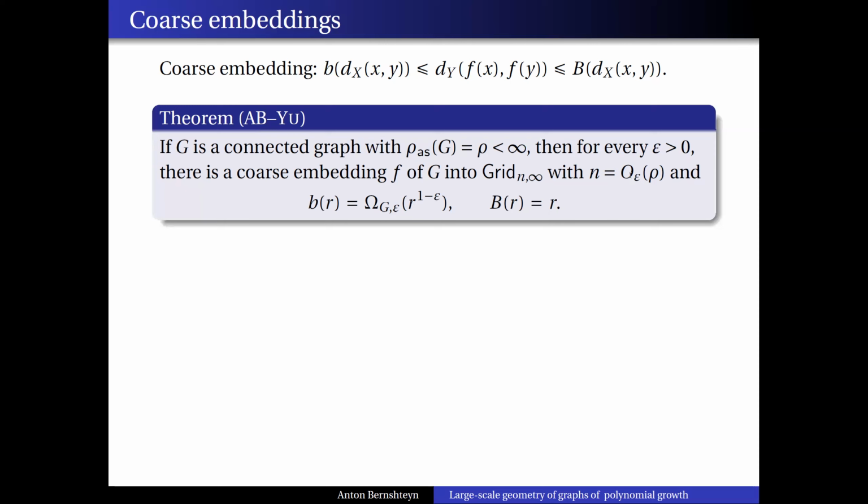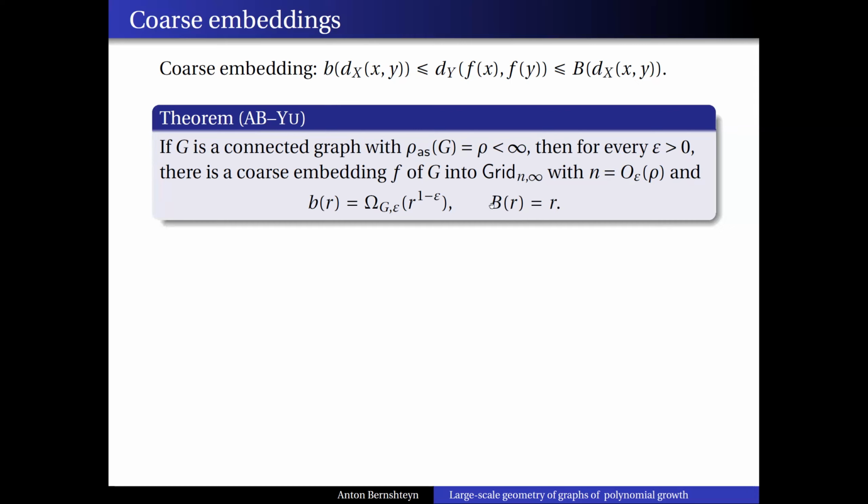The coefficient here depends on epsilon. I didn't tell you how epsilon is used yet. If you fix epsilon to be something like 1/2, there's going to be a specific constant here times rho. So you get a coarse embedding with n being a linear function of rho, exactly as you would hope it should be.